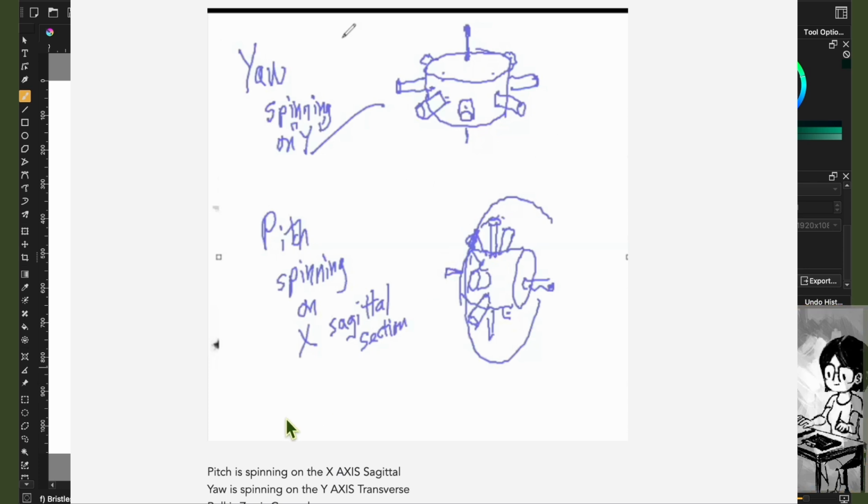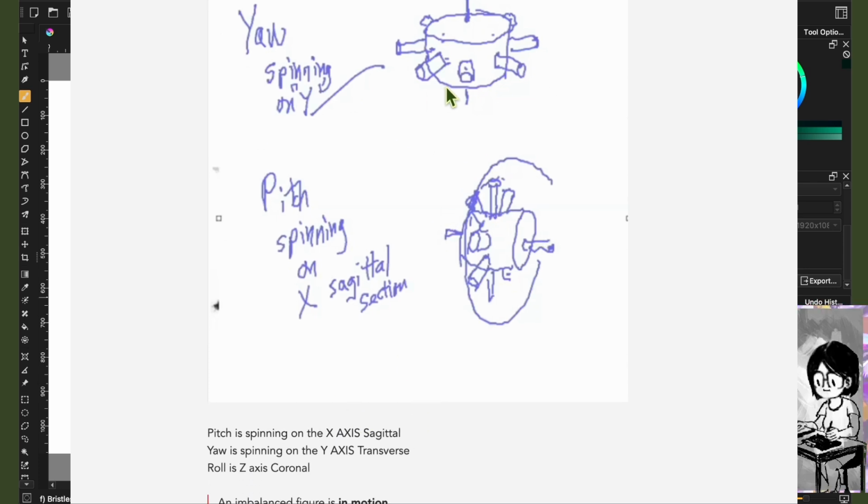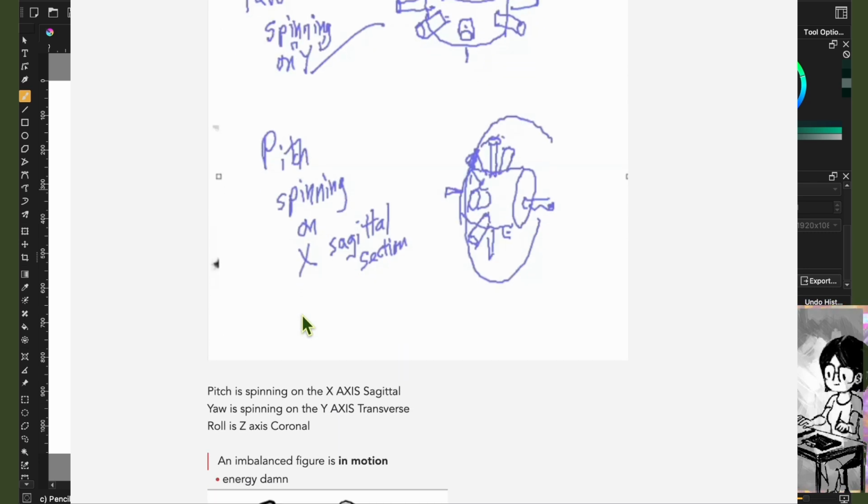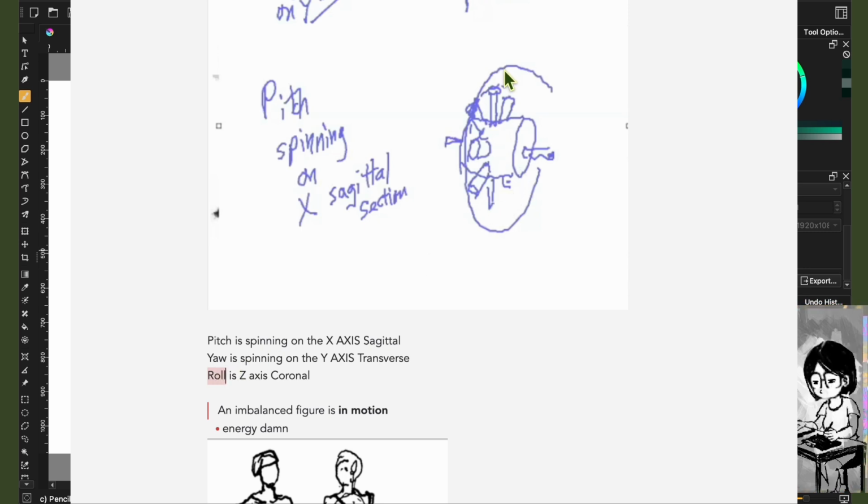That's pitch. Yaw is the rotation where it moves from left to right, but still staying upright. Say you move your head from the left to the right, that's yaw. If an owl turns its head completely around, that's also yaw. It doesn't change its angle, it doesn't go upside down, it just stays upright.